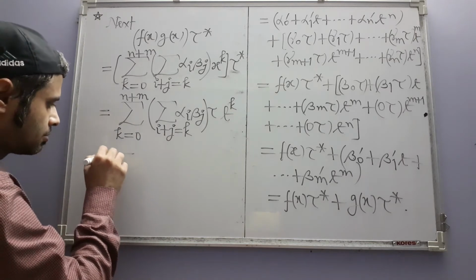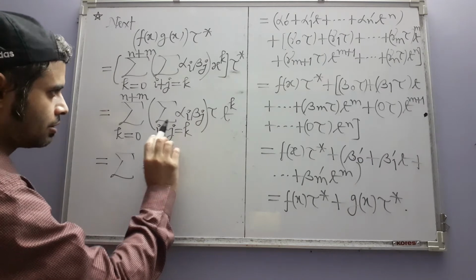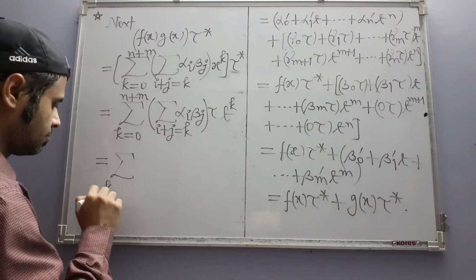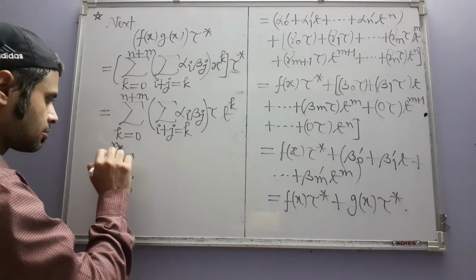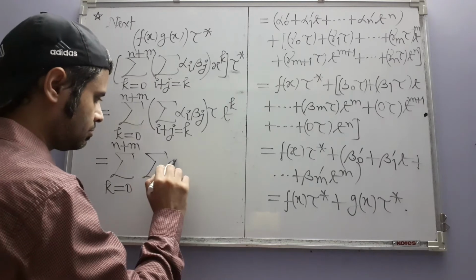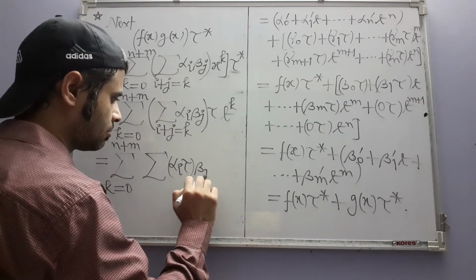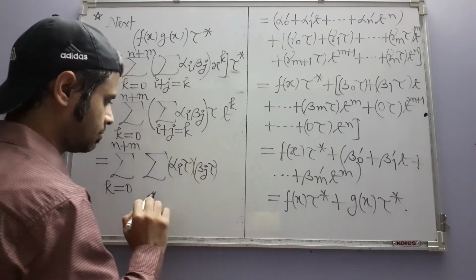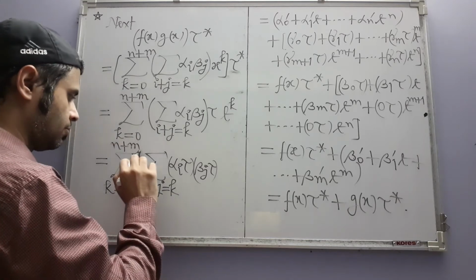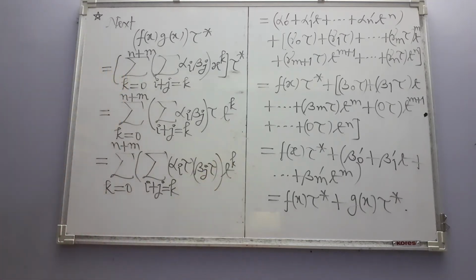So that means we can take tau inside of this sum, and not just inside of this sum, inside of these products also. What that means is just simply this: alpha i tau, beta j tau, i plus j equal to k, t to the power k.